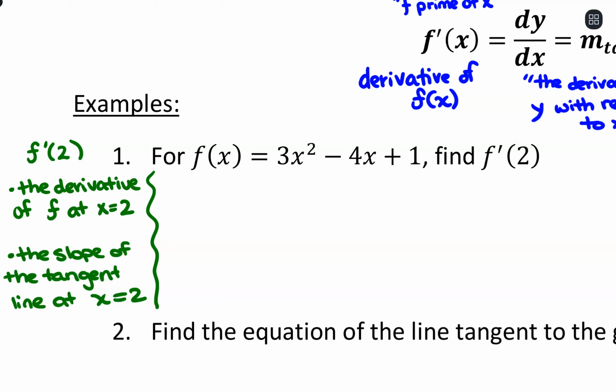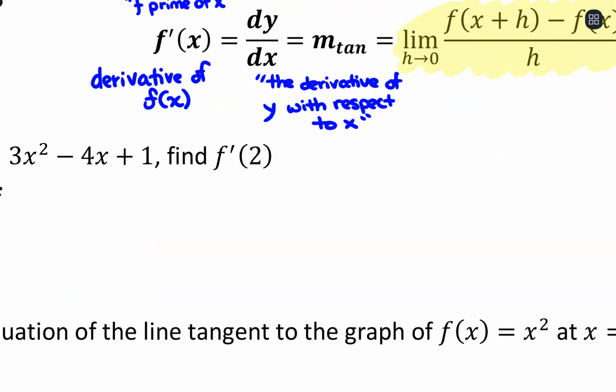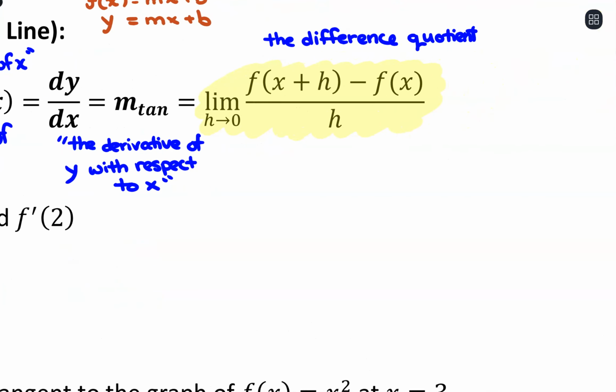But what we're going to be able to do here is actually calculate it rather than trying to guess from the graph. So to do this, f prime of 2 is equal to evaluating our difference quotient. Now, what's going to happen here is we're going to try to evaluate this as h is approaching 0. Where we have x, we have a number to plug in. We're going to be plugging in this x equals 2.